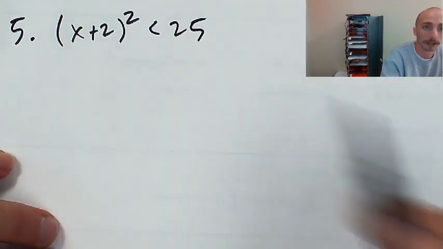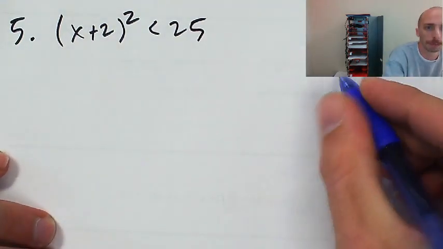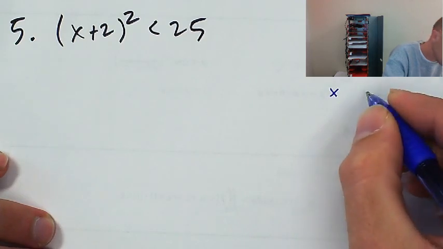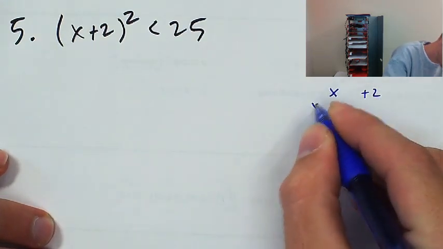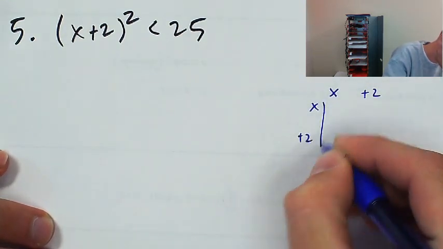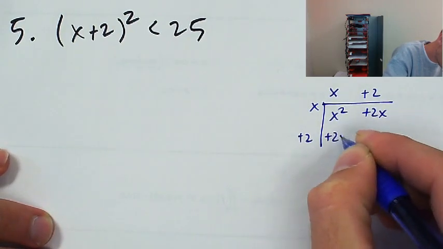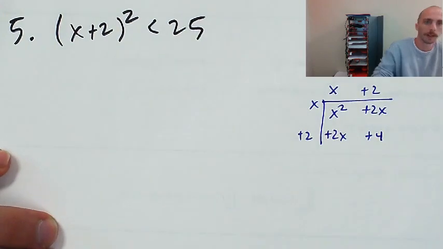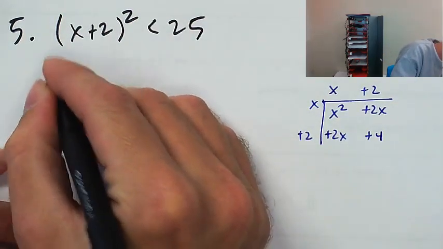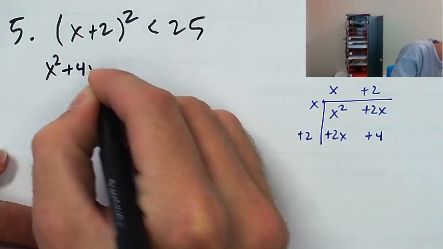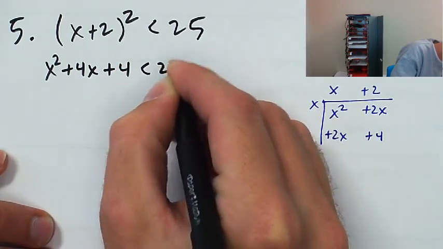So what I'm going to do is expand x plus 2 squared, and that's good for us to practice. x plus 2 multiplied by x plus 2. Okay, that's going to be x squared, 2x, 2 more x, and 4. So I've got x squared plus 4x plus 4 is less than 25.